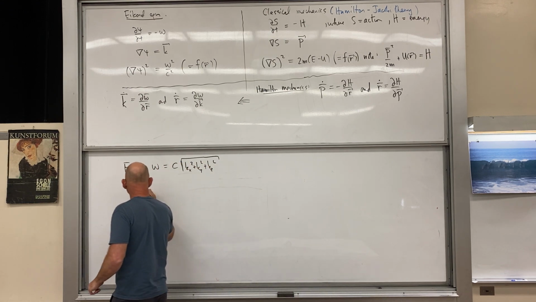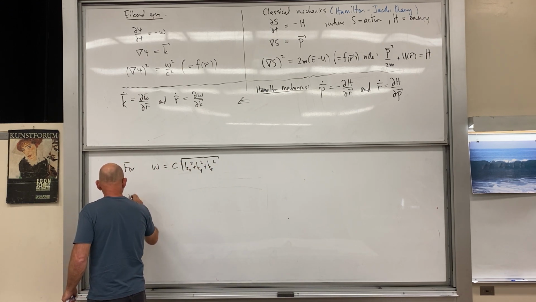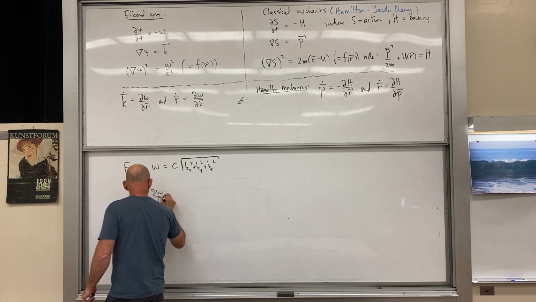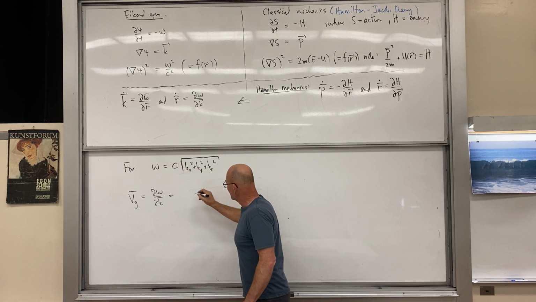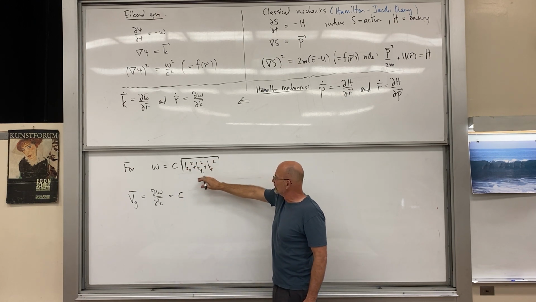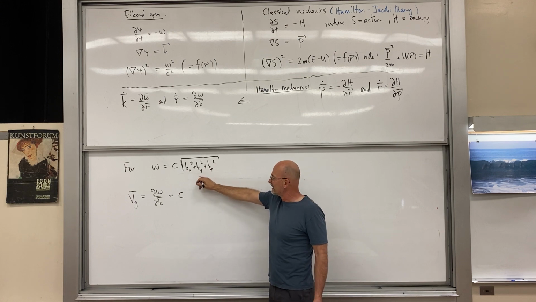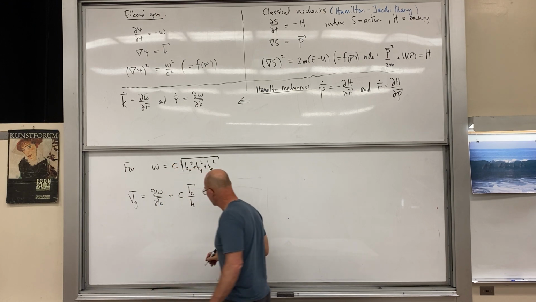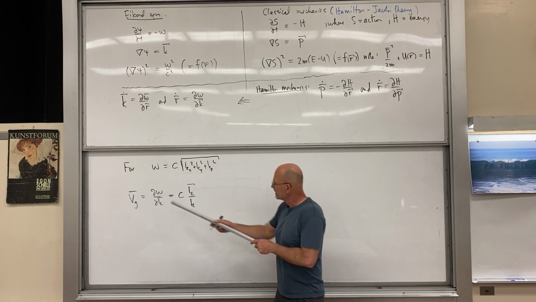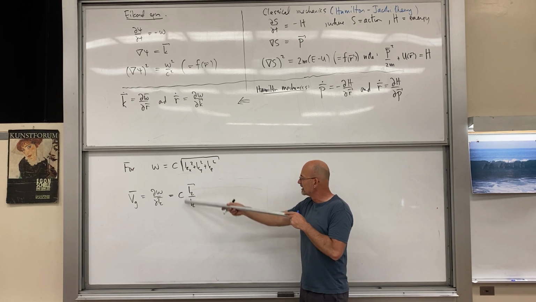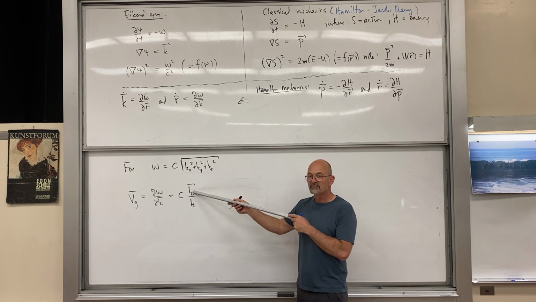We have v group equal to d omega dk, but this is basically the gradient with respect to this vector k. So this is a very well-known calculation. It's just k vector over k. So what do we have? The group velocity is the constant speed of sound in the direction of the wave vector.